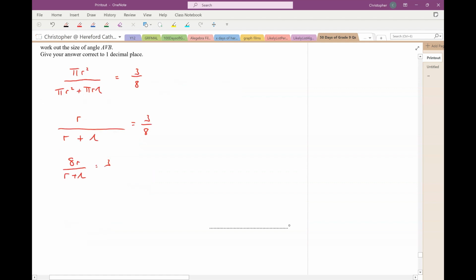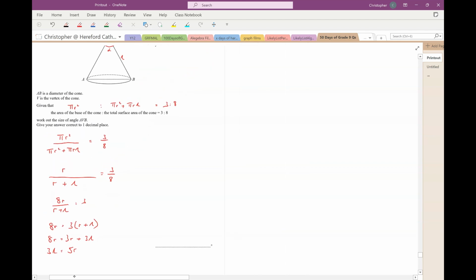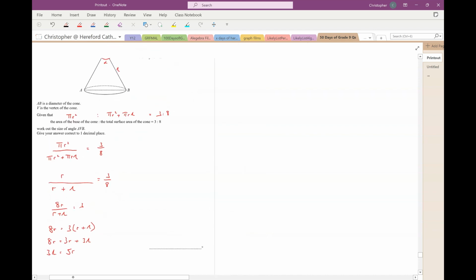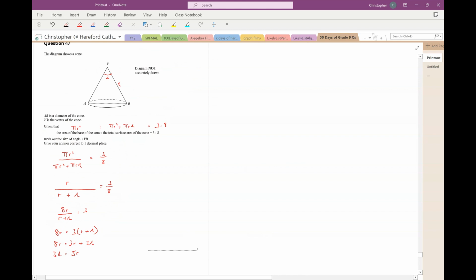Then multiplying both sides by r plus l, I get 8r equals 3 lots of r plus l. So 8r equals 3r plus 3l, so 3l equals 5r. That's interesting. So now I know the ratio between the curved length and the radius. The radius is 3/5 of the curved length.